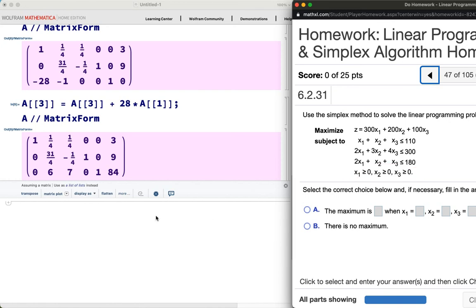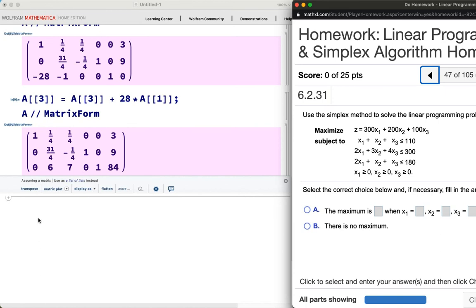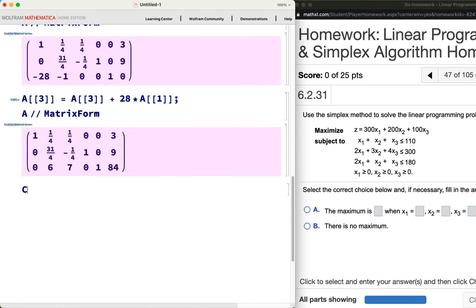So let's build our matrix. So clear A, let's start over with a brand new A. A is equal to, okay, look at the numbers in front of my variables. Look at the coefficients of my variables, okay? 1, 1, 1, 2, 3, 4, 2, 1, 1.